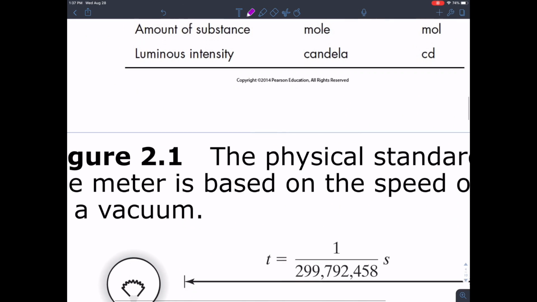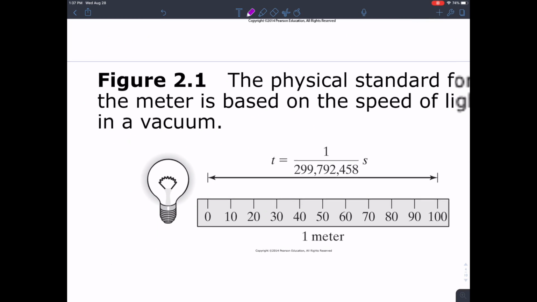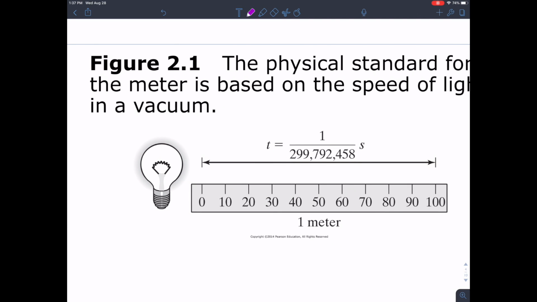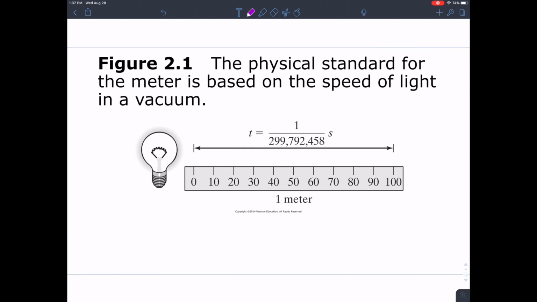From there, he talks about the advantages of the SI system. One of the big advantages is that the SI system is set up so that the units we use can be very precise. We define them based on some of the physical properties of the universe.